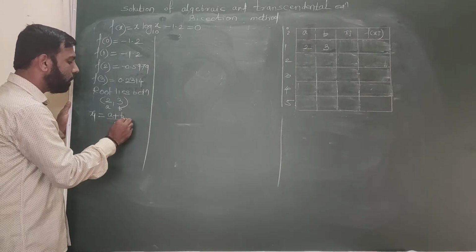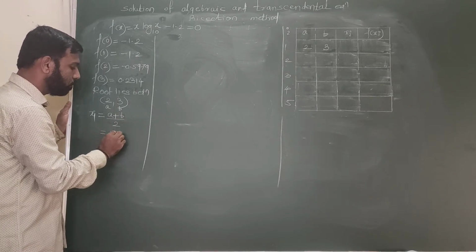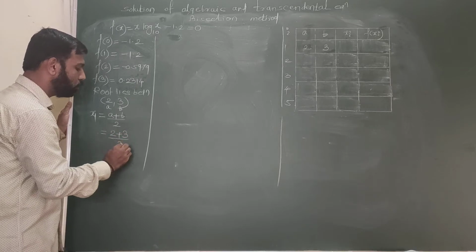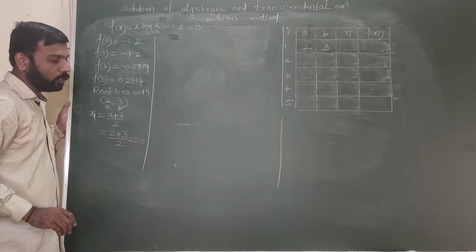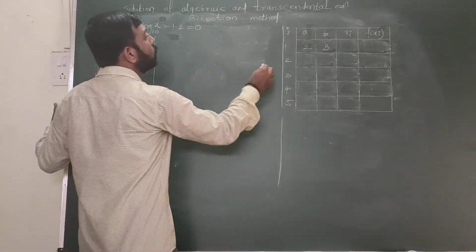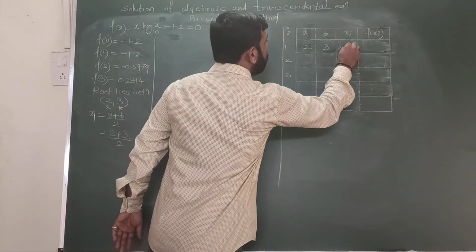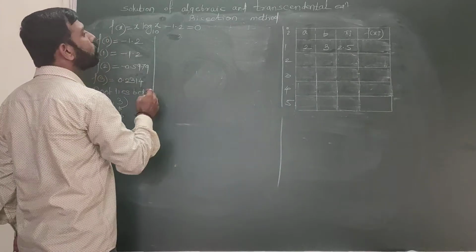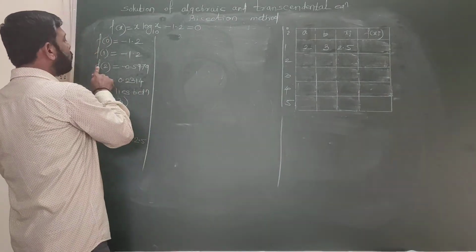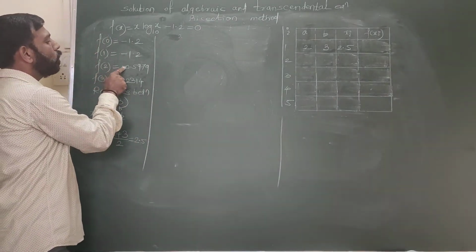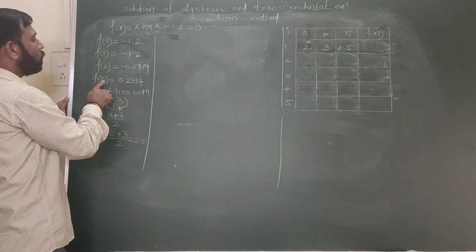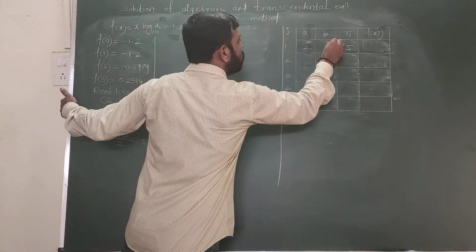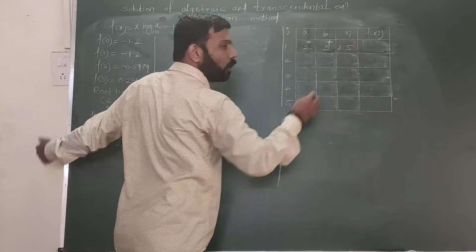Substituting a plus b upon 2, we got 2.5, the first approximate value. We'll write down 2.5 here. Now we'll put the symbols here. For f of 2, the symbol is minus. For 3, positive. Now we have to find the symbol for 2.5.